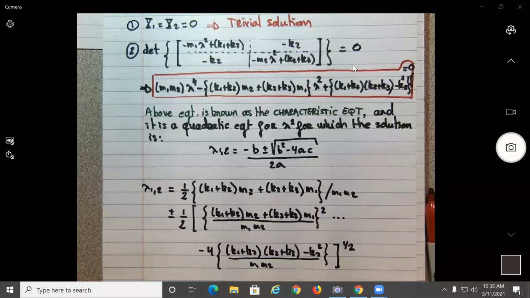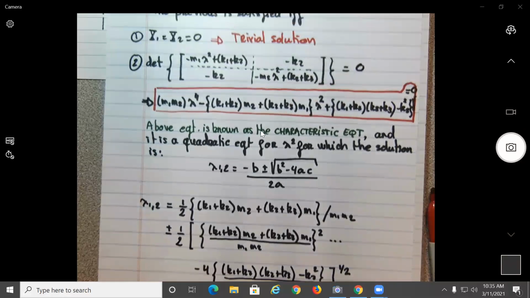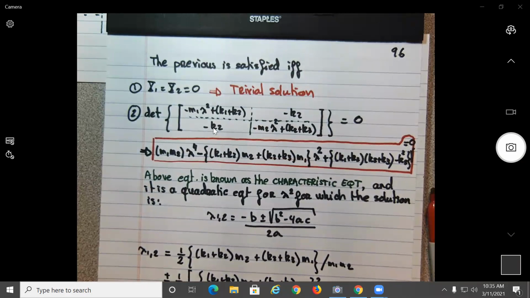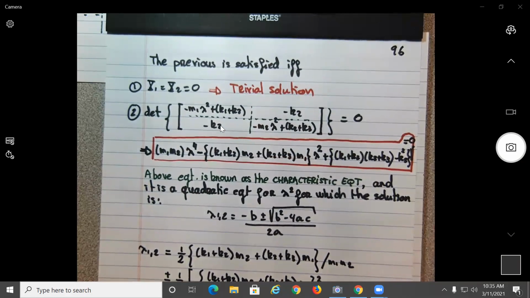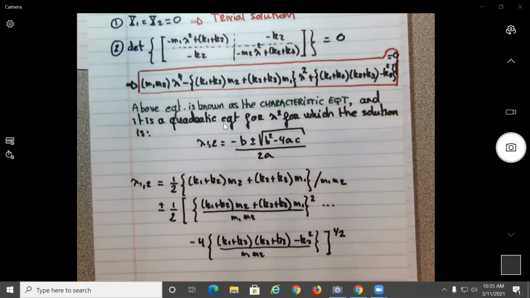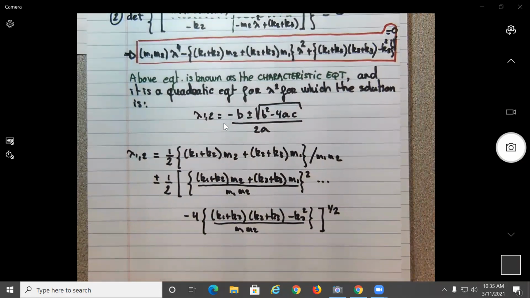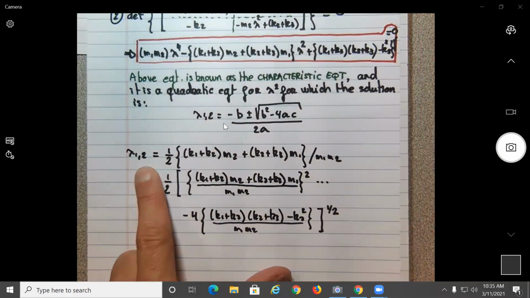All right, guys, and here we're solving symbolically, but remember that in the problems, you're going to have values over here. So in most cases, what you're going to do is use MATLAB in order to solve this. What happens is that you need to know, and we'll do an example, what MATLAB is going to give you. It should give you now the two frequencies, lambda 1, lambda 2.